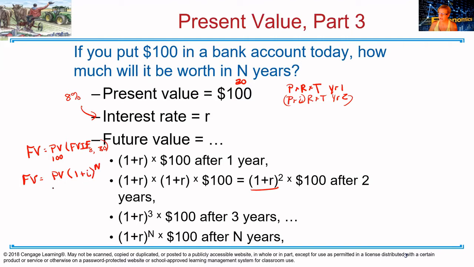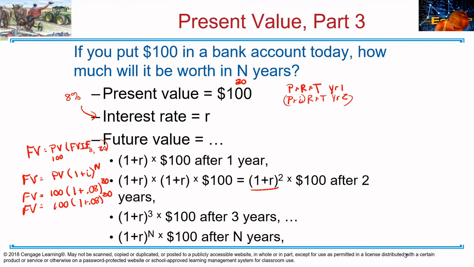So using this problem, our present value is 100, so the future value is equal to 100 times 1 plus the interest rate, 0.08, and then we take that to the 30th power. So essentially we have the future value is equal to 100 times 1.08 to the 30th power.